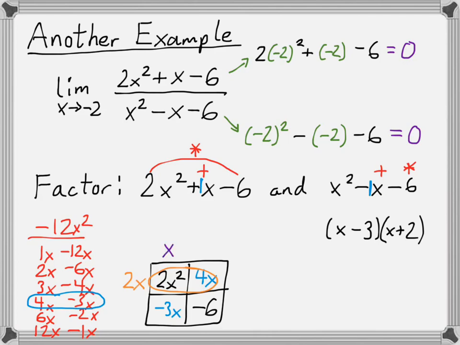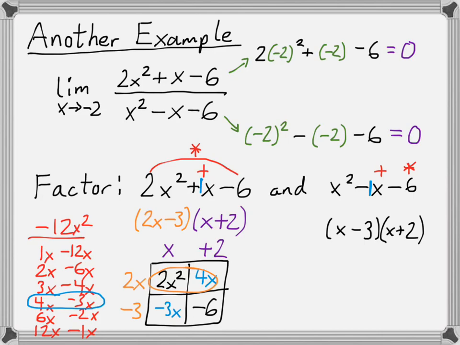On top, that term would be x, because 2x times x is 2x squared. On 4x, the term above there must be plus 2, because 2x times positive 2 would be positive 4x. Down below we must have a negative 3, because negative 3 times x would be negative 3x, and negative 3 times positive 2 would be negative 6. So, voila, here are my two factors.